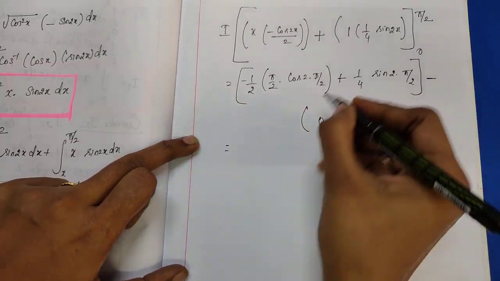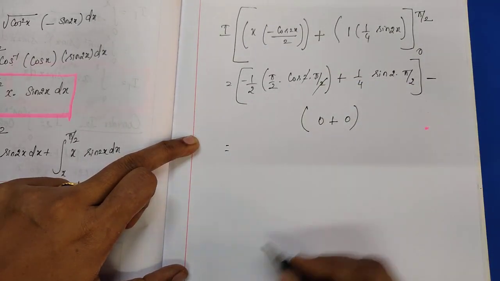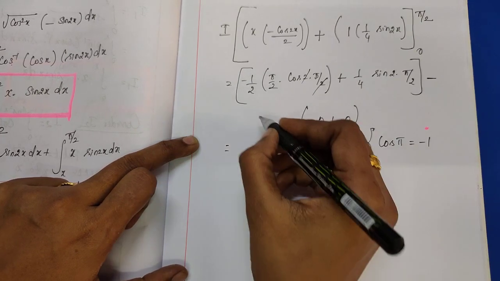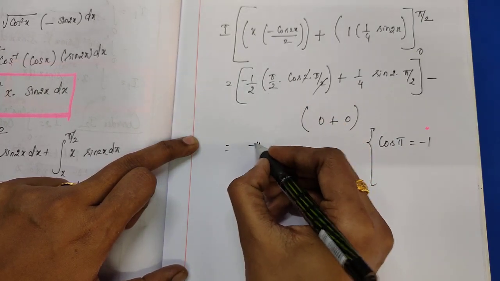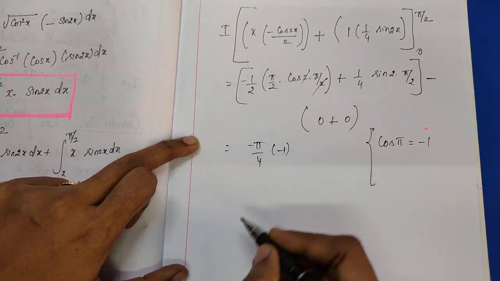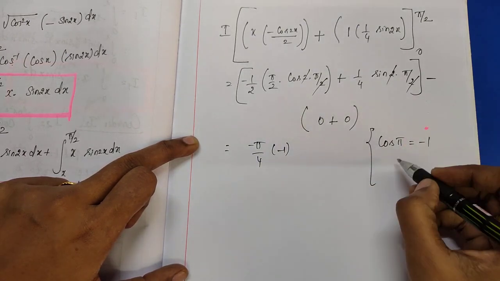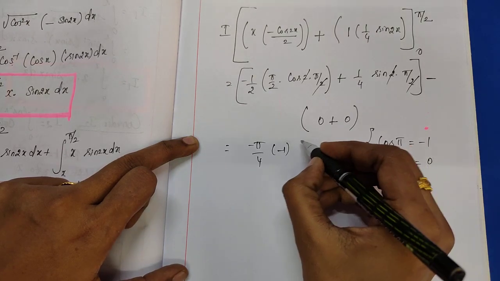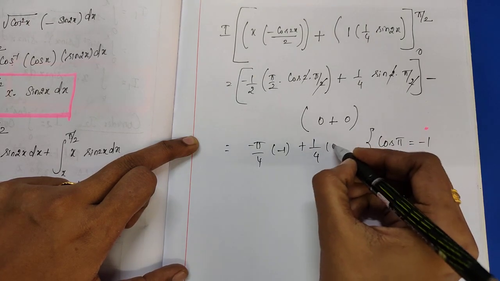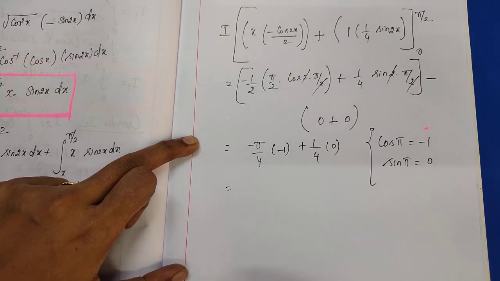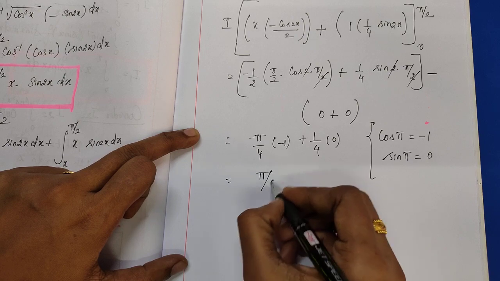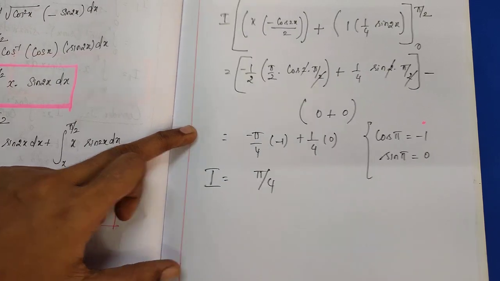The 2 gets cancelled. We know that cos pi is equal to minus 1, so here minus pi by 4 and minus 1. Sin pi is equal to 0, therefore 1 by 4 into 0. Minus minus in product becomes plus sign. So pi by 4.